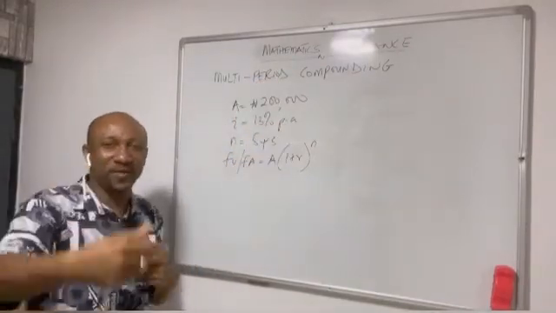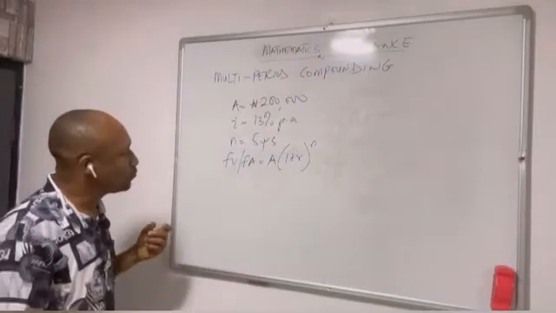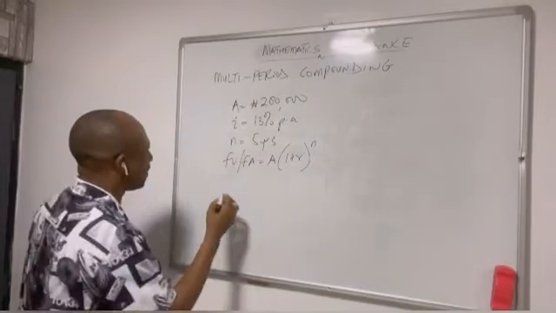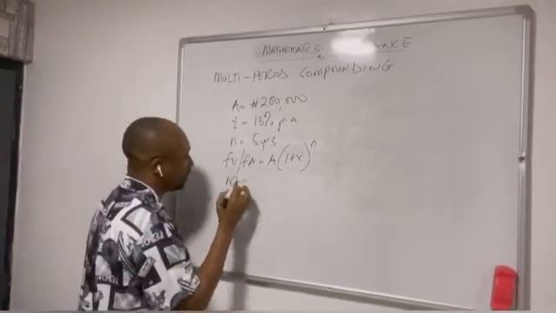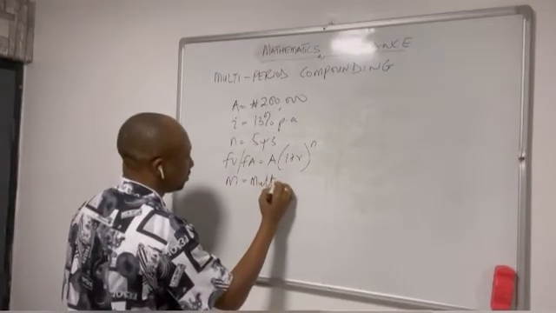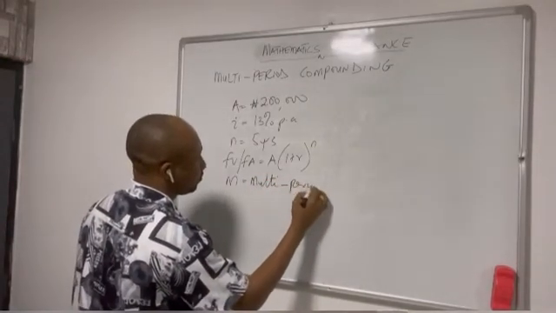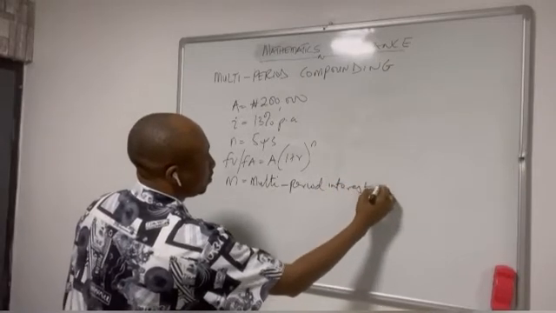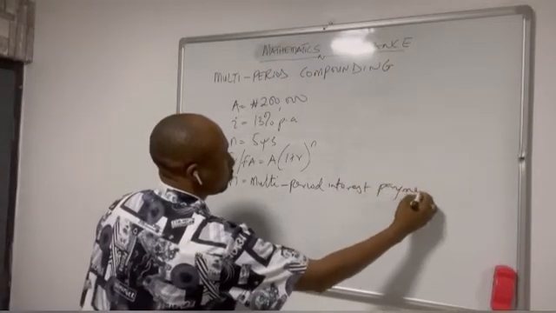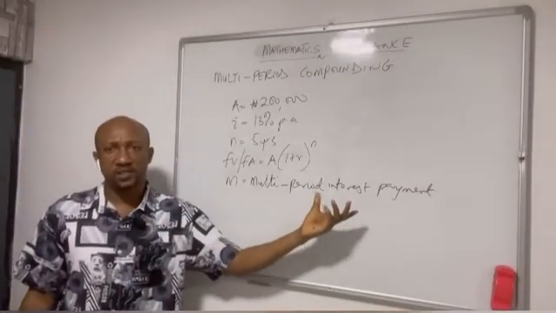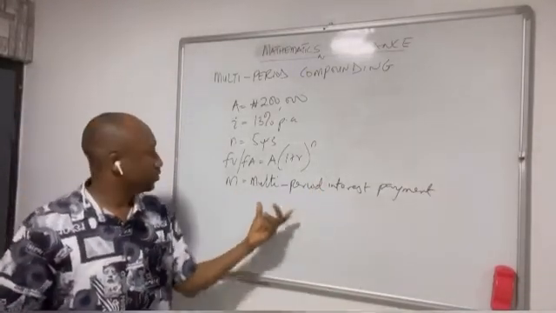So what we do in that situation is to account for this multi-period by representing the multi-period interest payment as N. So let's represent that situation of paying interest more than once during the period as N.